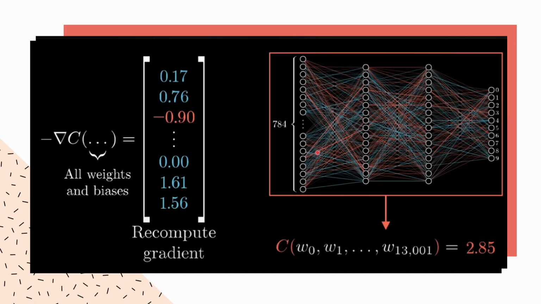So here we have the negative gradient vector with all the weights and biases inside of the vector. And here we have our cost function. The cost function kind of resembles every single little cross section of the neural network.